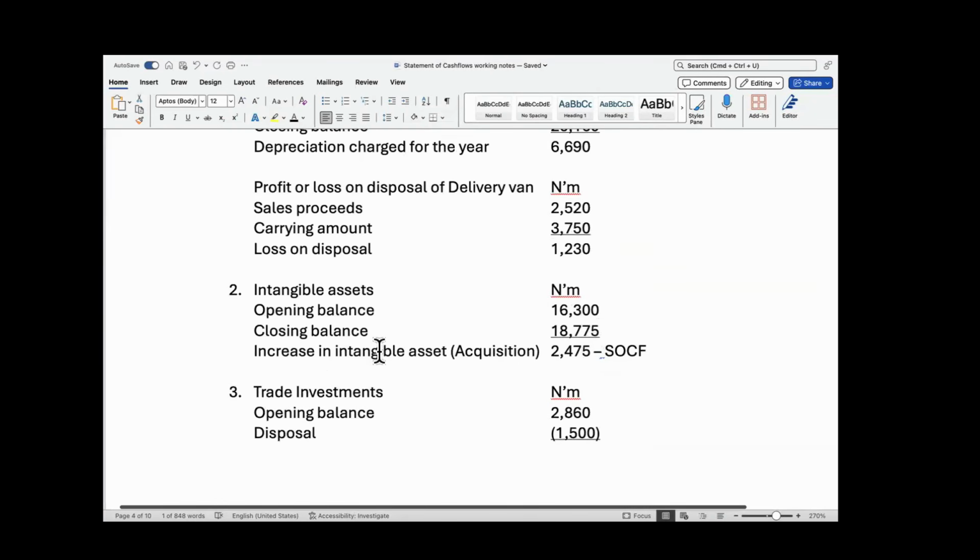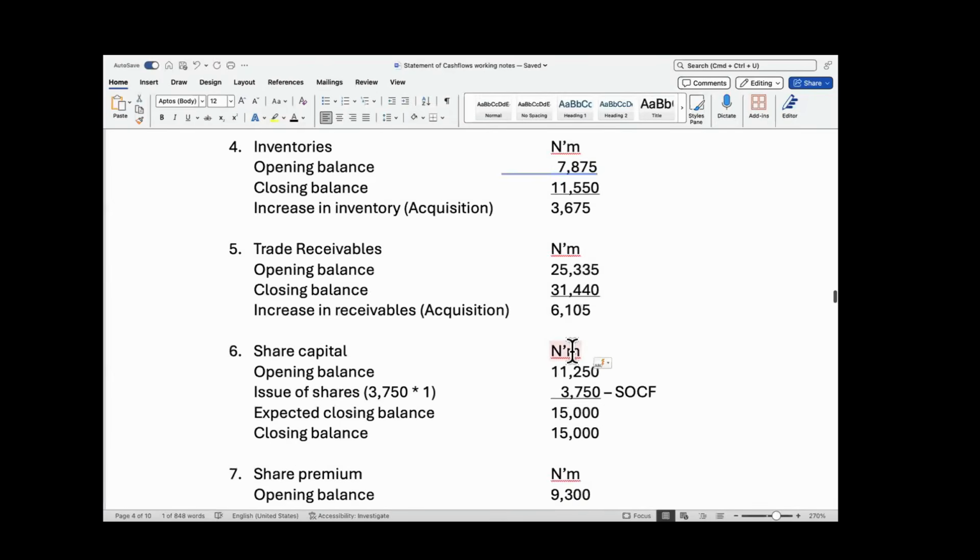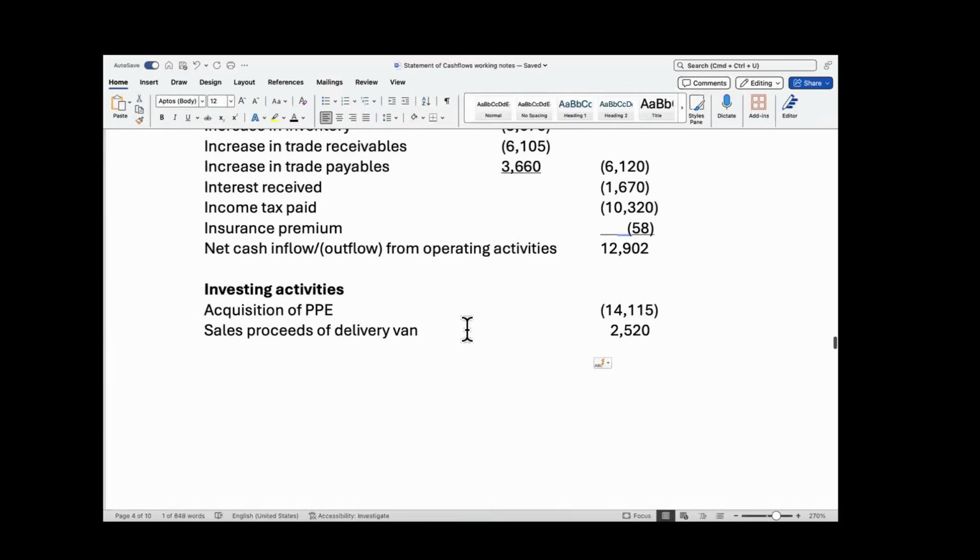Then I moved to my intangible assets. There was an acquisition of intangible assets of 2435 to also be treated as an outflow.